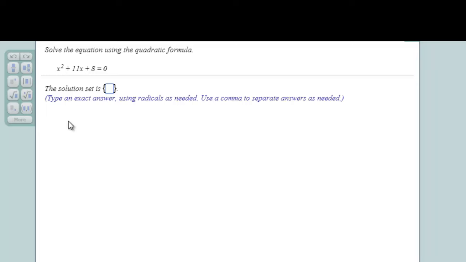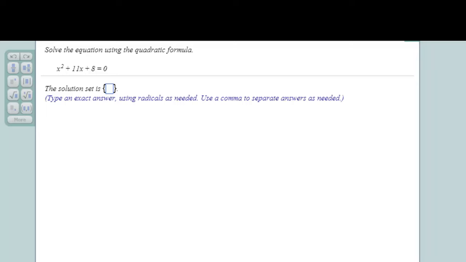But the key for this one is, it says type an exact answer using radicals as needed. And then you start to look at it like, wait a minute, I wonder if this is even factorable. If you look at it, there are no factors of 8 that get you 11. So this one we're going to have to use the quadratic formula, because it is not factorable.